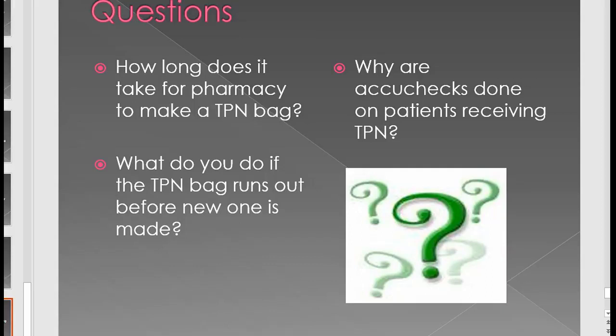So you need to make sure that you're explaining to your patient why they're having AccuChecks monitored, even if they are not a diabetic. And also, the healthcare provider may order a sliding scale of some type of insulin, and this is also important for you to explain to your patient that it's only while they're on the TPN. Because remember, when we can keep our blood sugars at a normal range, it promotes healing.